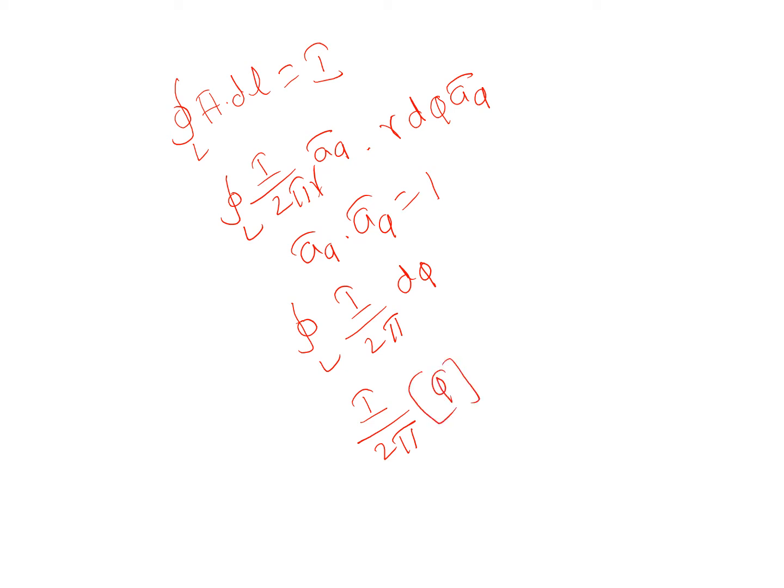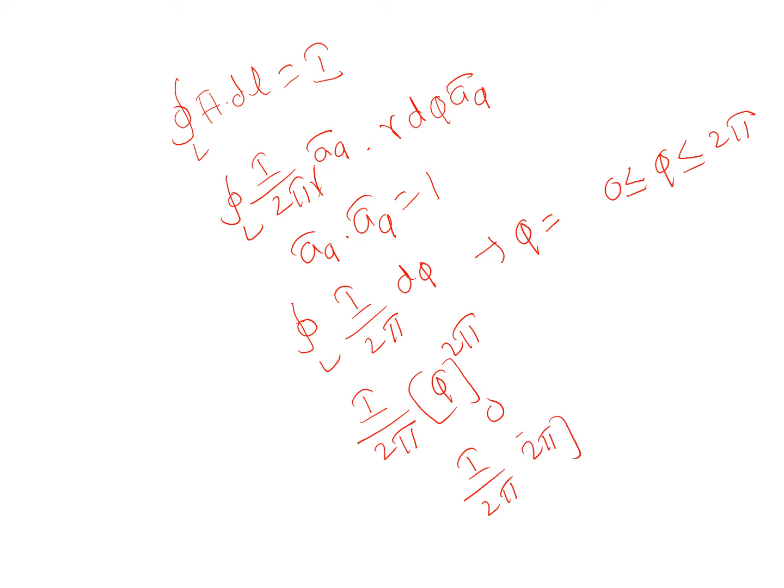What are the limits of phi? The phi limits are the azimuthal angle, from 0 to 2 pi. It is the coordinate system. So the limits are 0 to 2 pi. Substituting the upper limit and lower limit, I by 2 pi times 2 pi minus 0, that is 2 pi, and 2 pi is cancelled.